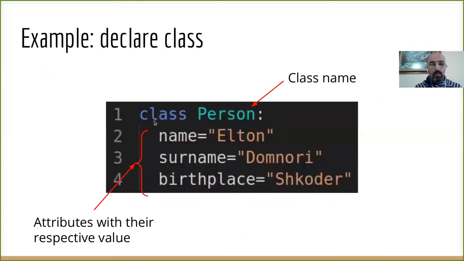There is a keyword class followed by the class name that we want to use and followed by the attributes of the class. So these variables are called attributes, where each attribute has a specific value. So we define a person with name Elton, surname Domnori, and birthplace Calder.